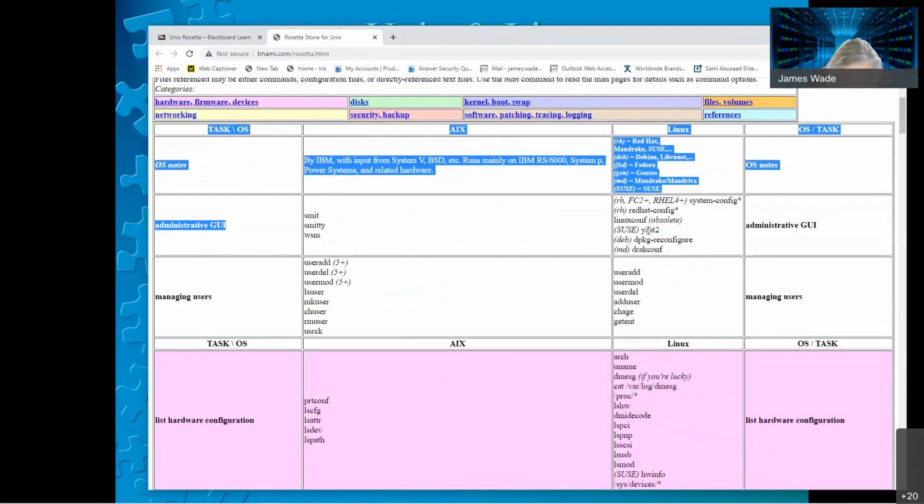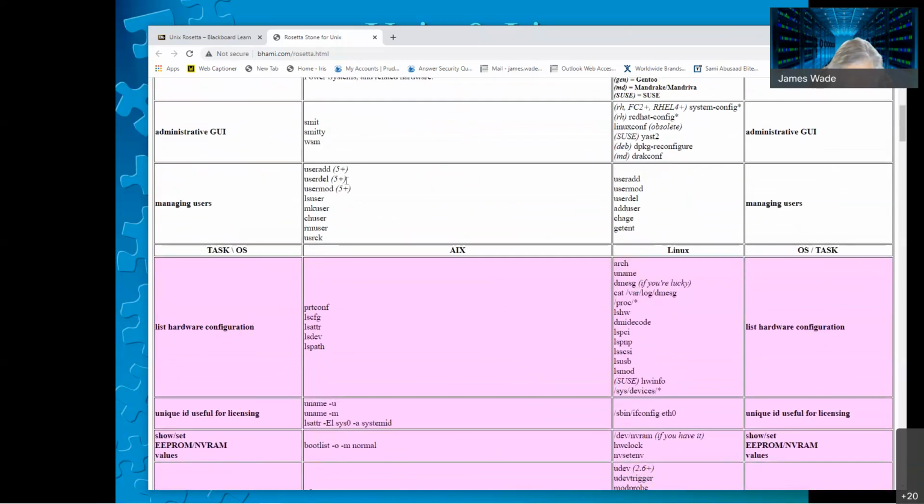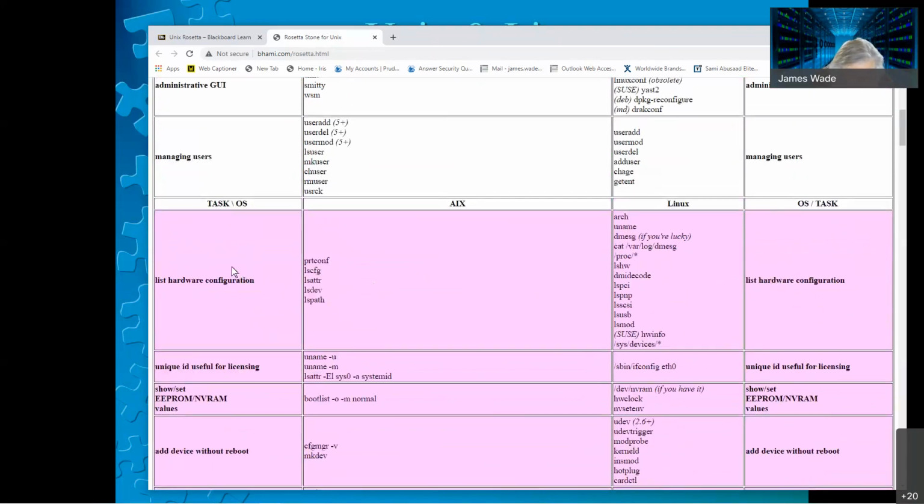Linux has linuxconf, redhat-config, drakconf. And then see, look, it lists Debian, SUSE. Managing users: useradd, userdel. All right, looks like that's in common.